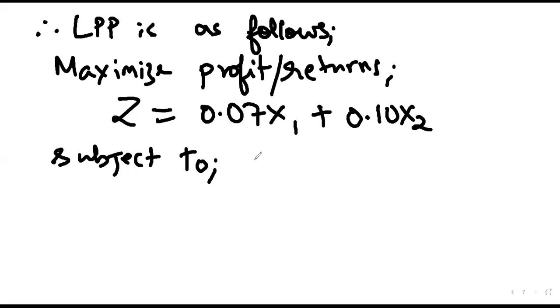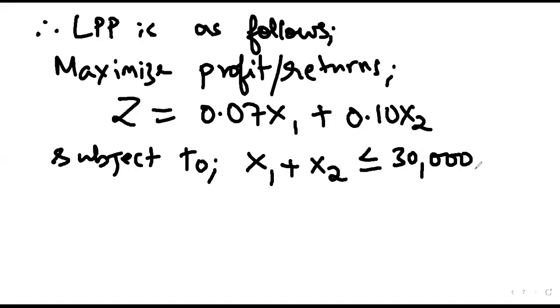X2 is lesser than or equal to 12,000. Yes, but before that, the first constraint was X1 plus X2 should be lesser than or equal to 30,000 rupees. Is it right? This was the first constraint. Similarly, what is the next constraint you said just now? X2 should be lesser than or equal to 12,000.